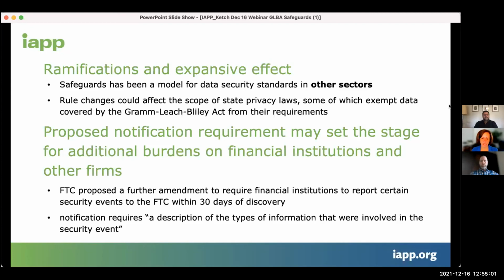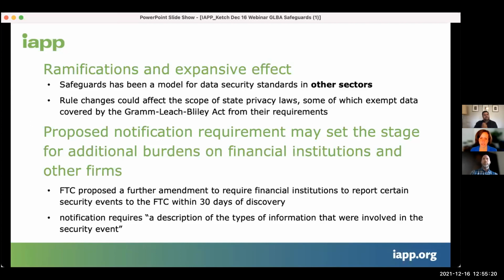Importantly, it anticipated making the reported information public through a database that it would update periodically. It proposed that the notification requirement would not allow for any delay of the 30-day notification obligation.